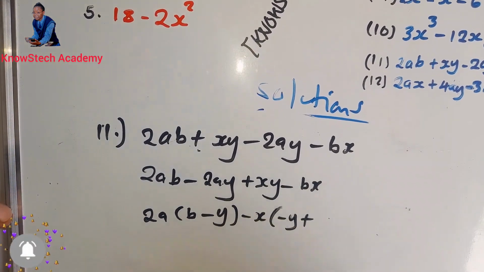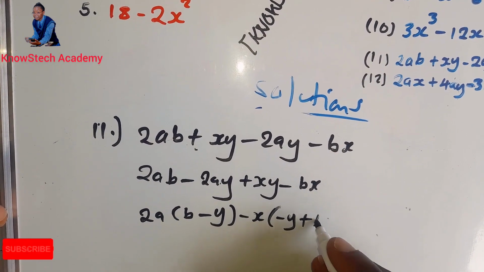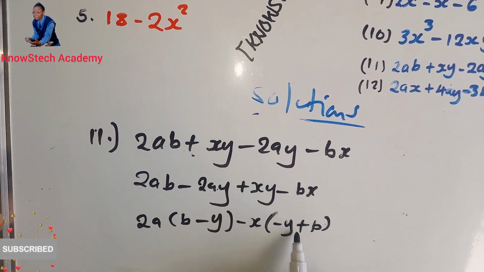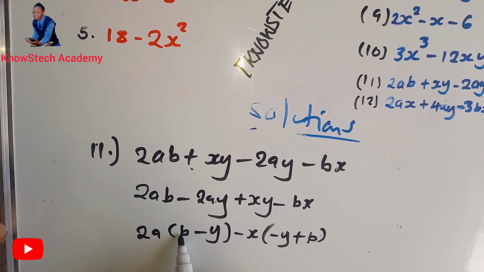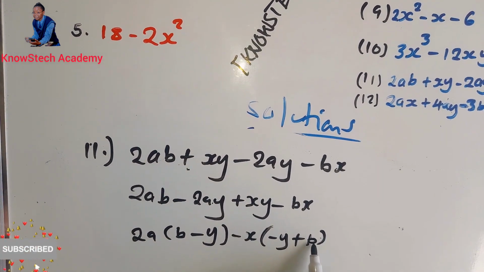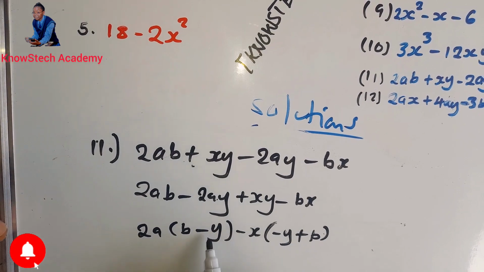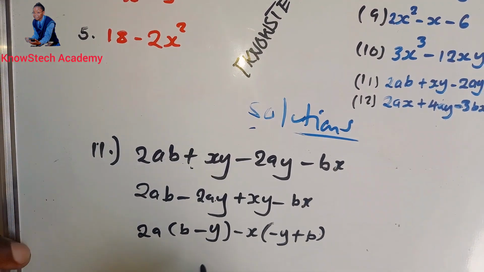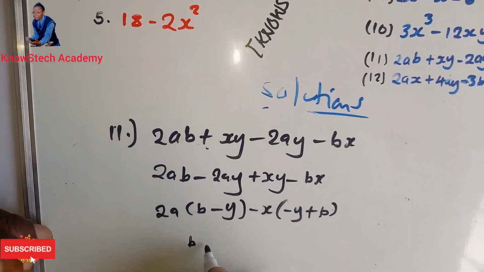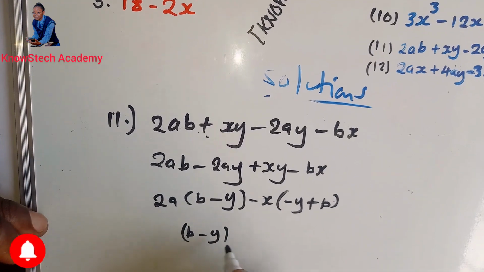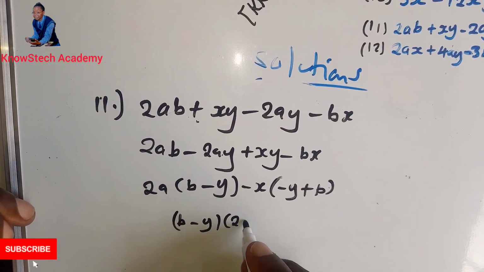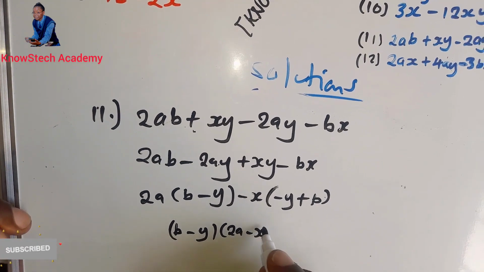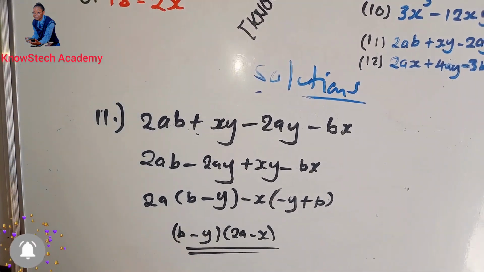X and x will cancel, remain with b. And if you look at these two numbers are just the same, it's just the position. This is positive b, this is positive b, this is negative y, this is negative y. So you just write b minus y. We always start with a positive one. Open 2a minus x, and this is the answer.